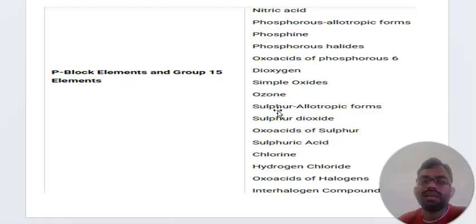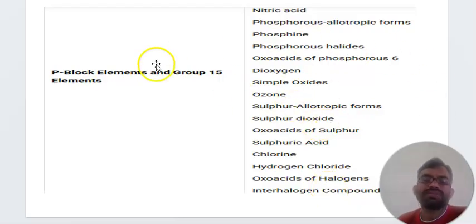The next topic is p block elements and group 15 elements. P block elements is one of the chapters. These are some important subtopics: nitric acid, which we need to learn about, phosphorus and allotropic forms, what is phosphine and phosphorus halides, oxoacids of phosphorus, dioxygen, simple oxides, ozone and its reactions, sulfur allotropic forms, sulfur dioxide, oxoacids of sulfur, sulfuric acid, chlorine gas, and hydrogen chloride, oxoacids of halogens, and interhalogen compounds.